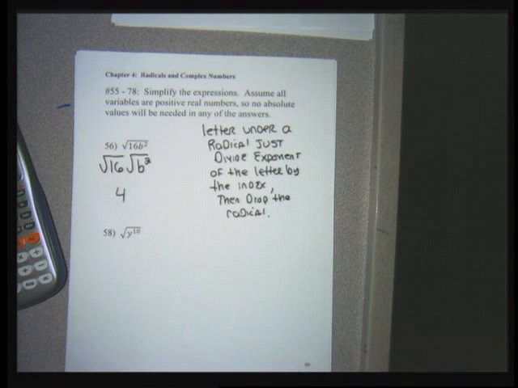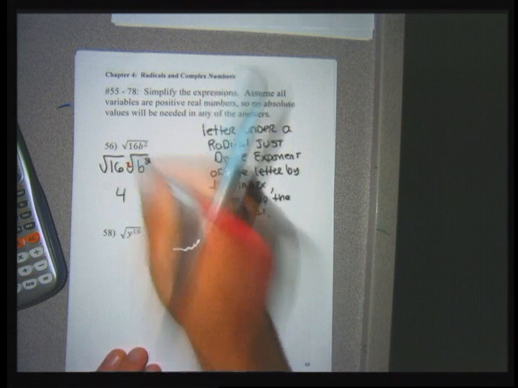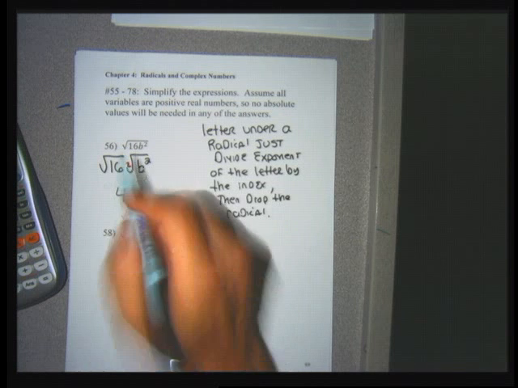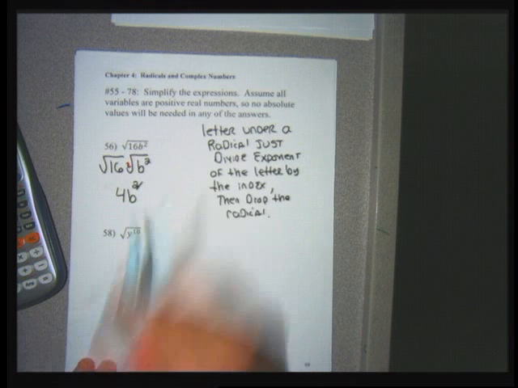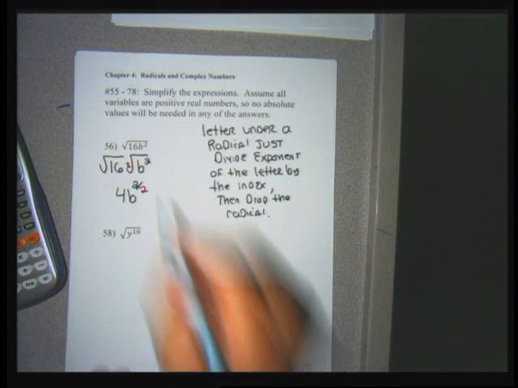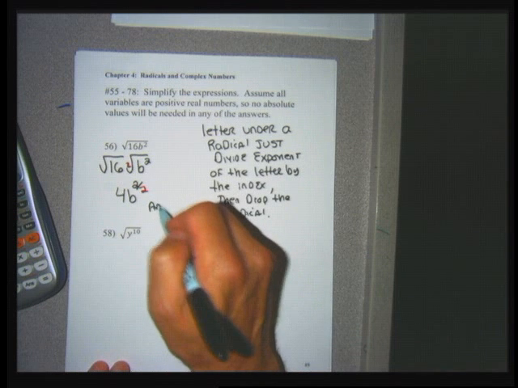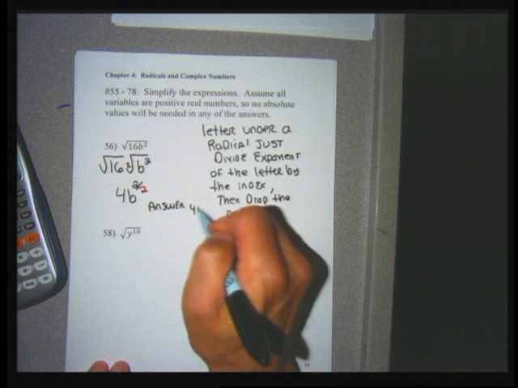The other part, to deal with the letter, I divide the exponent by the index. And in a square root, the index is 2. So I'm going to take the exponent 2 divided by the index 2. And when I do that dividing, I drop the radical. And for an answer for number 56, I'm going to get 4b.